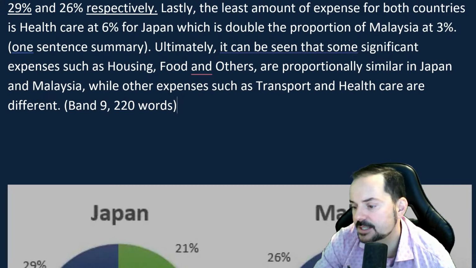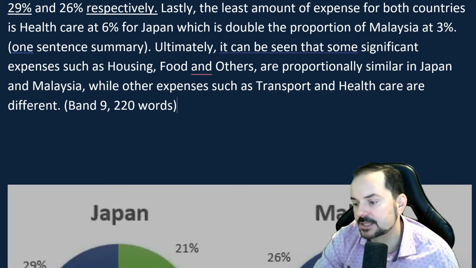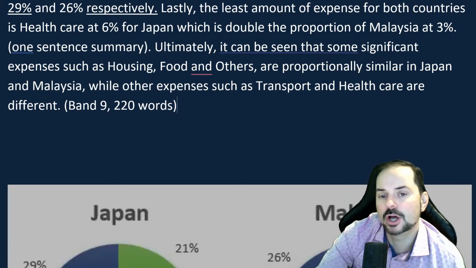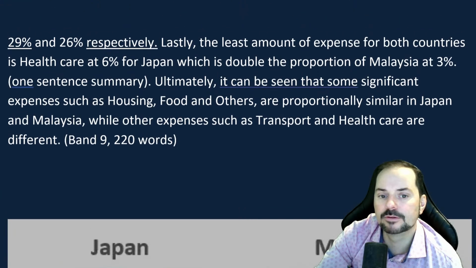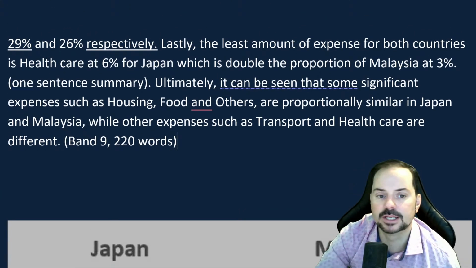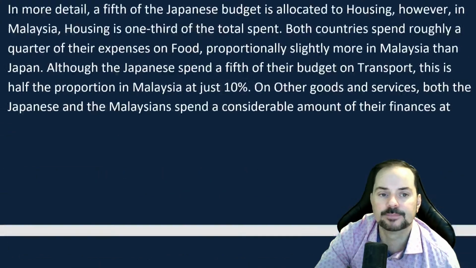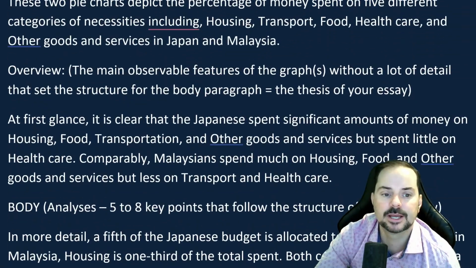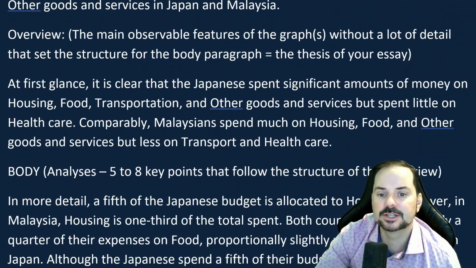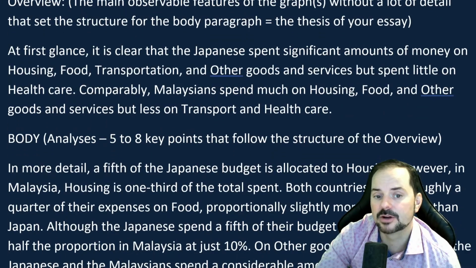Guram says the summary is something similar to the overview. It's not, though. My overview, Guram, if you read it, is quite different from my summary. Here's my overview. At first glance, it is clear that the Japanese spent significant amounts of money on housing, food, transports, and other goods and services, but spent little on healthcare.